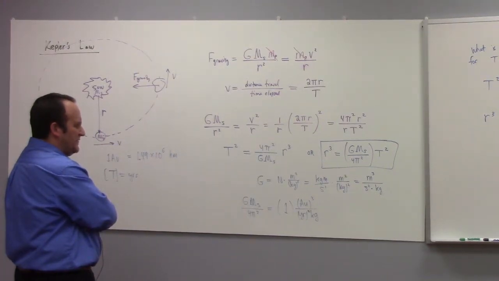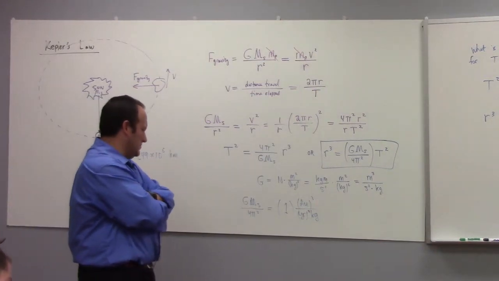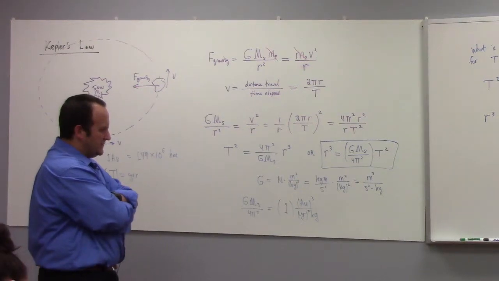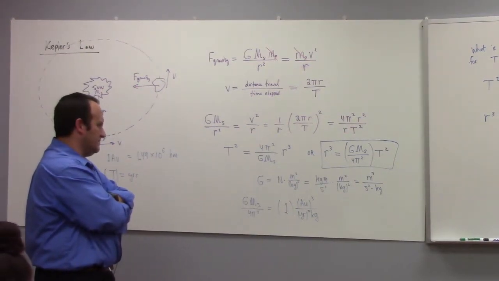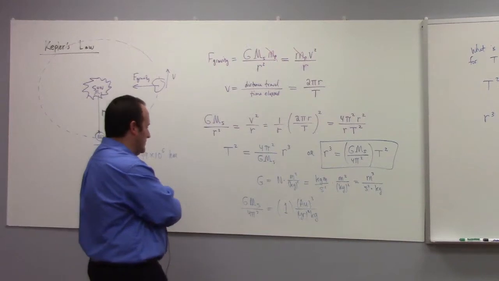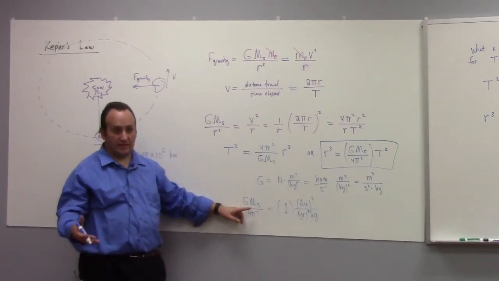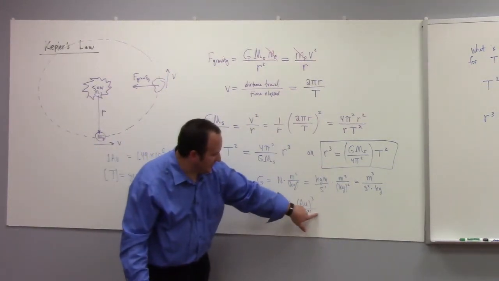What units did I have for G last time? I had meters cubed over second squared kilogram. The mass of the sun has kilograms in it, and those kilograms cancel this. I'm sorry, it's my mistake right here.